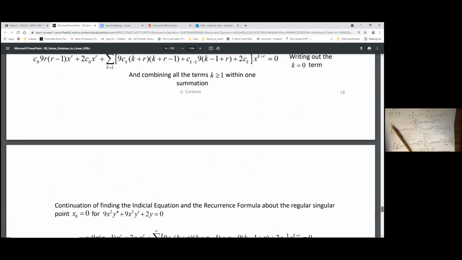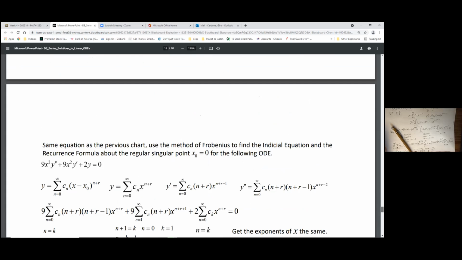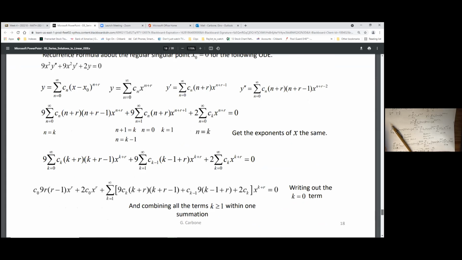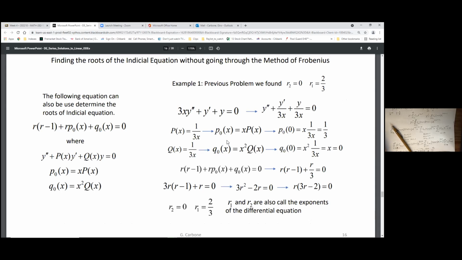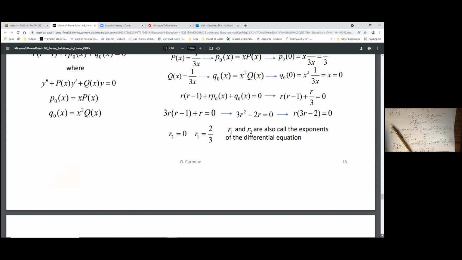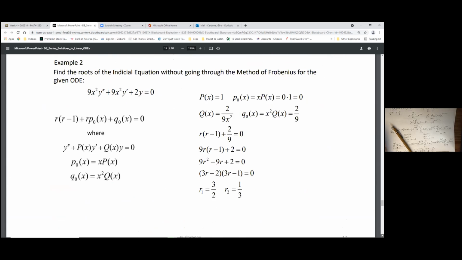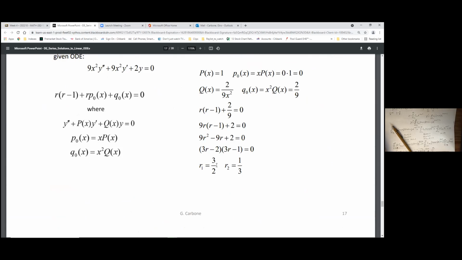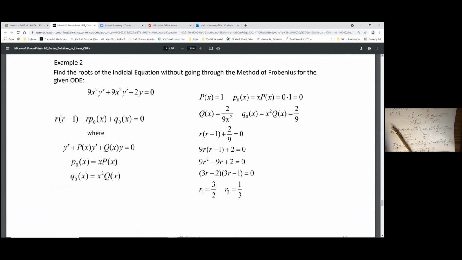So this is just another example of the method of Frobenius that you can look at. In this problem here, I got the roots using this equation, right?